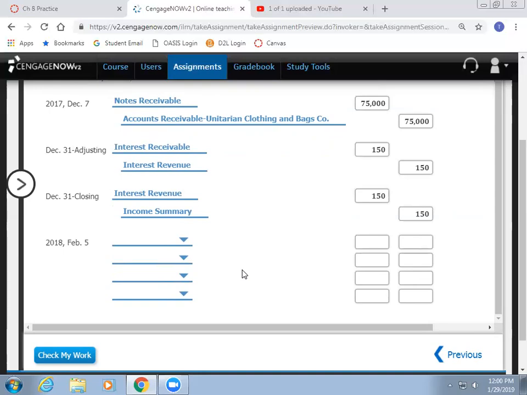So we've already recognized $150 of revenue. But since it was a 60-day note, I still had 36 days left of interest to calculate. So that would have been another $225 of interest I haven't yet recognized. All total, they owe me $75,000 plus $150 plus $225. Total interest is $375.